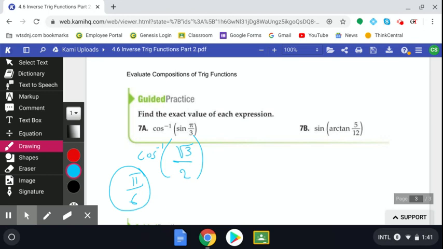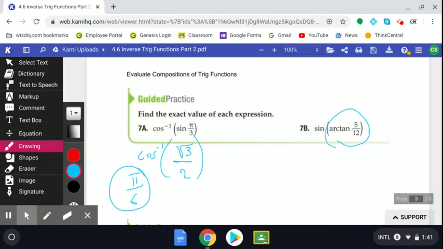And for the next problem, they didn't give me one of the reference angles, but they want me to find the sine of the angle that has arctangent equal to 5 over 12.